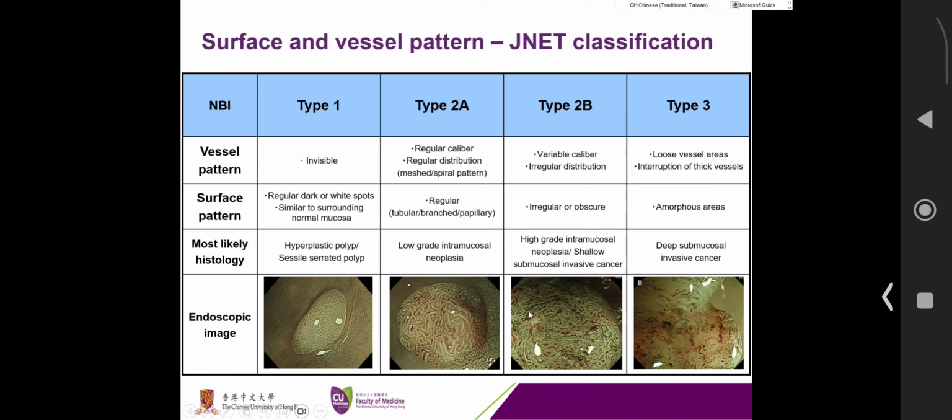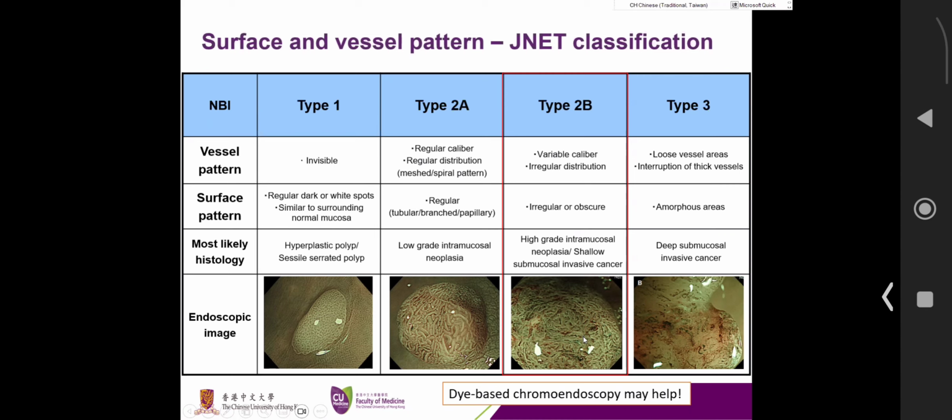But what is added here is the type 2B lesions, because sometimes, especially when you evaluate those large polyps or the lateral spreading tumors, there may be areas that will signify potentially high-grade lesions. So you can probably appreciate the difference between these two.